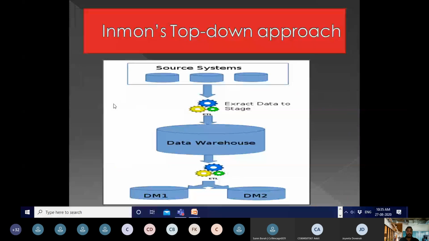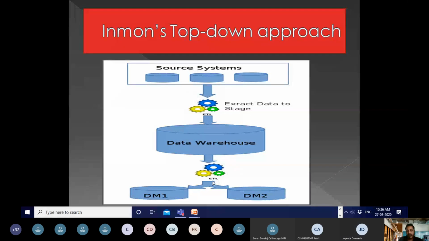Look at this diagram, and you will automatically get the answer to the question you asked. See the source systems.